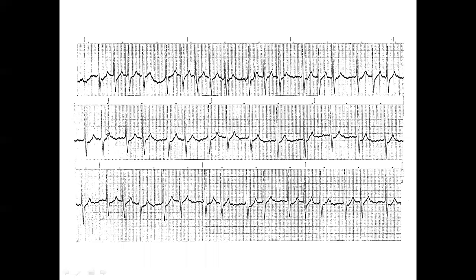And a further clue is the QRSs are paired together. This is all junctional rhythm, but paired together. What does it mean? Junction promptly, junction delay, junction blocked. Junction promptly, junction delay, junction blocked. So that's what we are seeing.